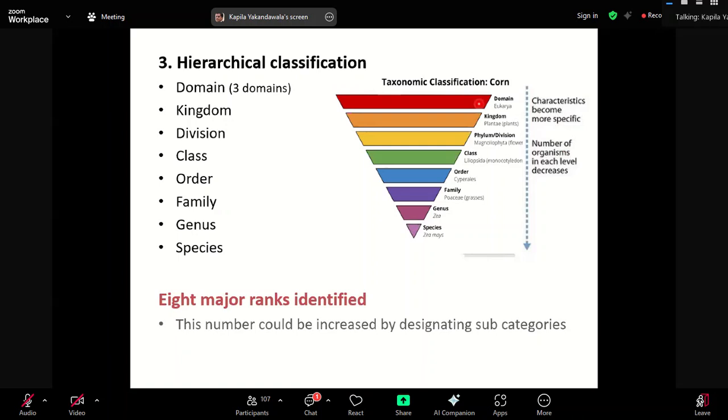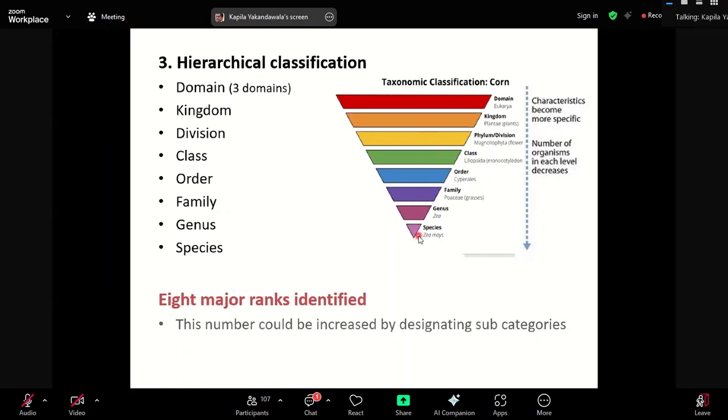If you go down the system, the number of organisms decreases. As an example, in Sri Lanka, in a certain family you may have about 100 plants. But under the family, you may get about how many genera? Maybe 15 or 20 genera. Under a single genus, you have maybe 5 plants.